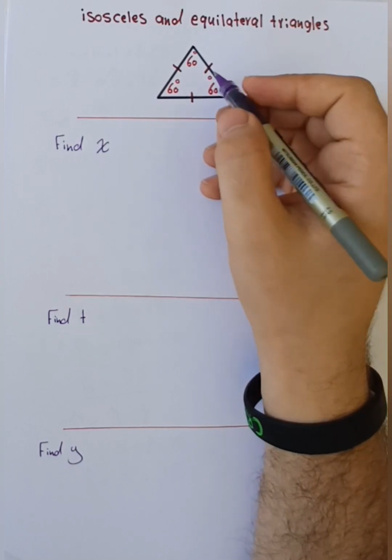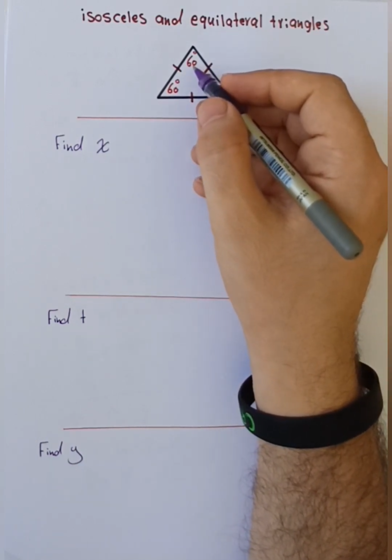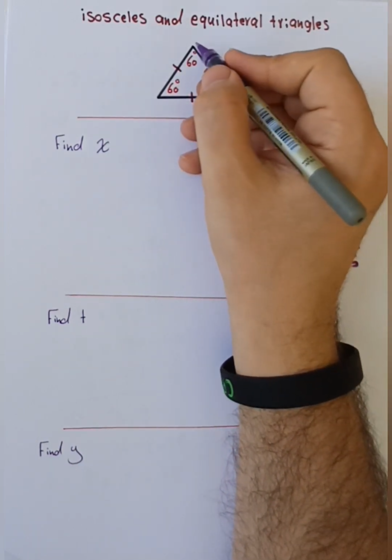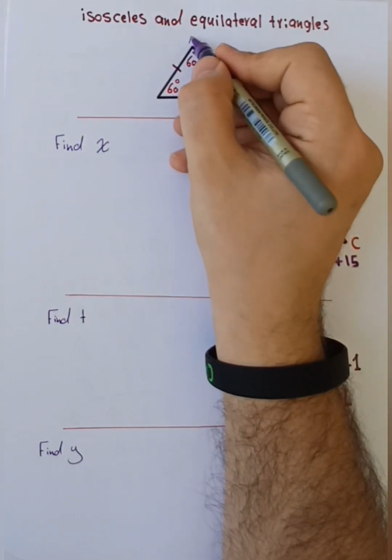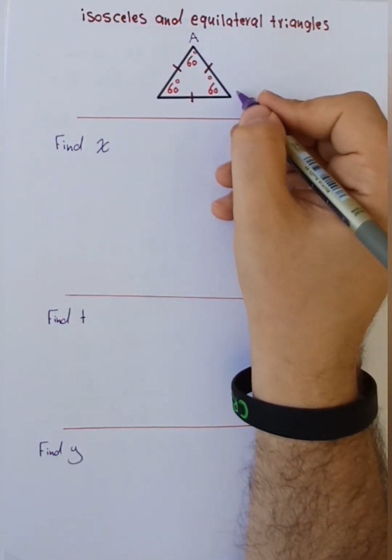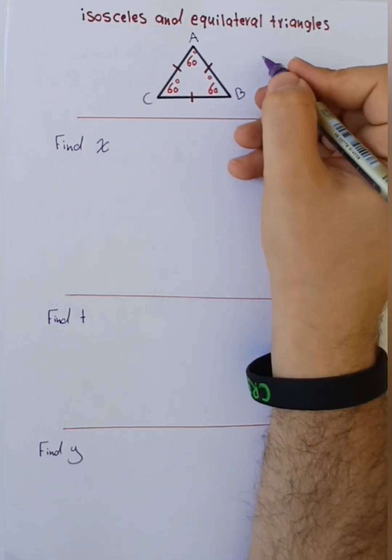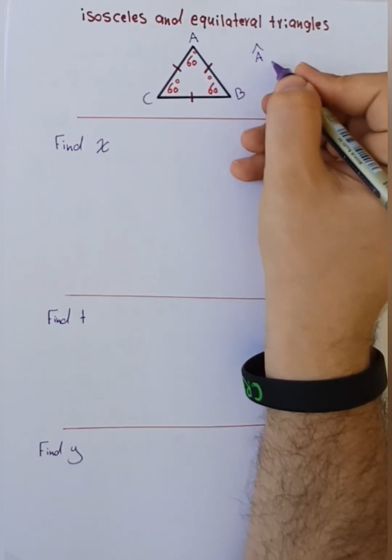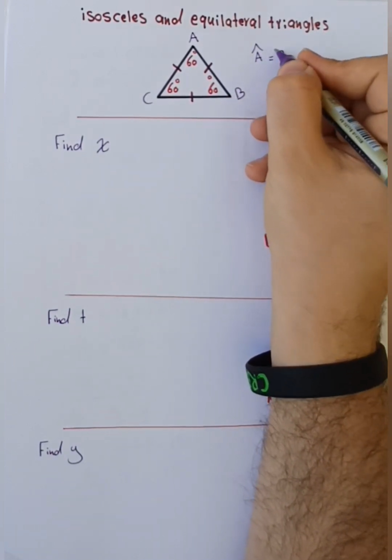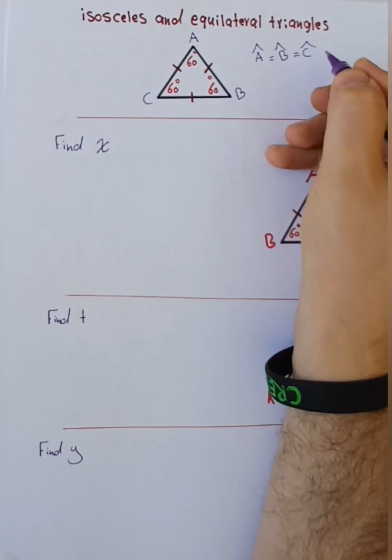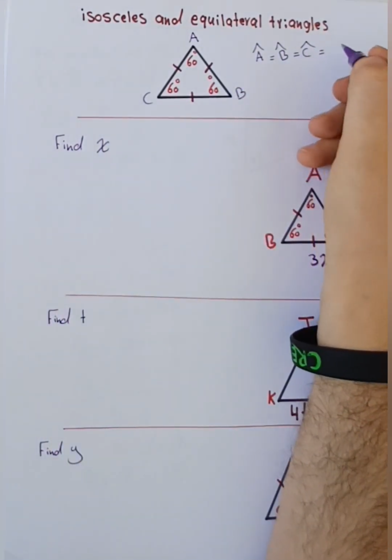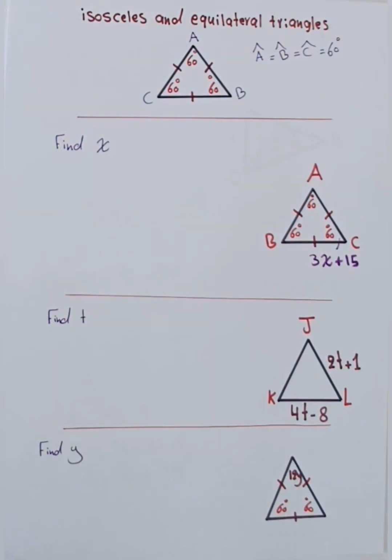In an equilateral triangle, the angles are always congruent. It means, for example, this triangle is A, B, C. The angle of A always equals the angle of B and equals the angle of C, and always equal to 60 degrees each one of them.